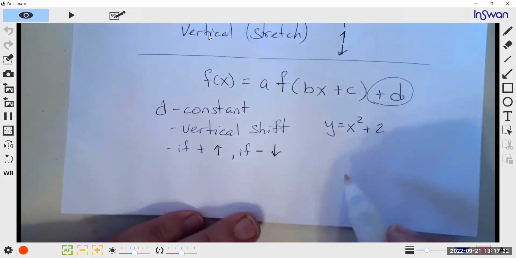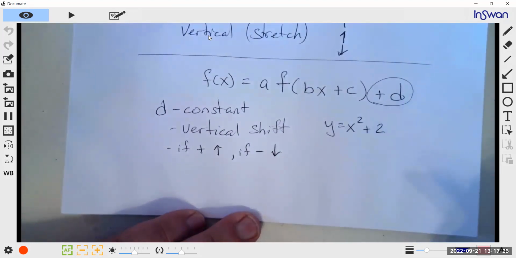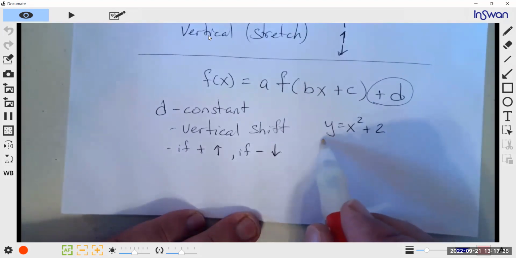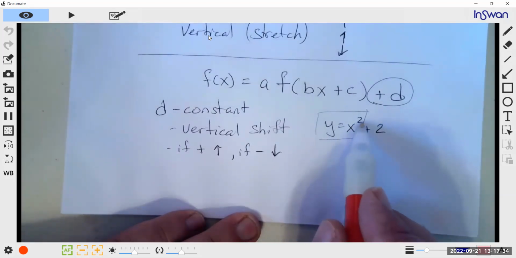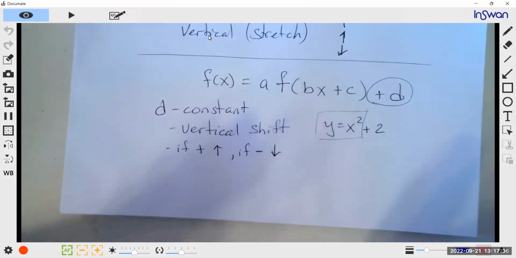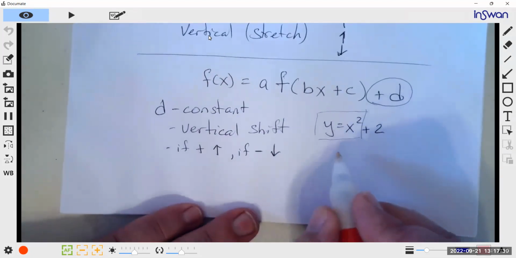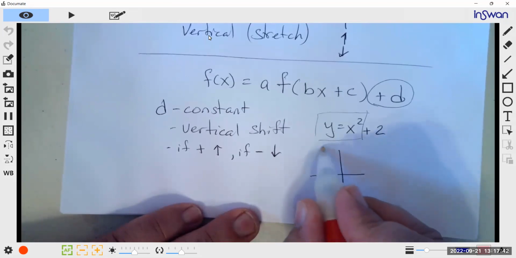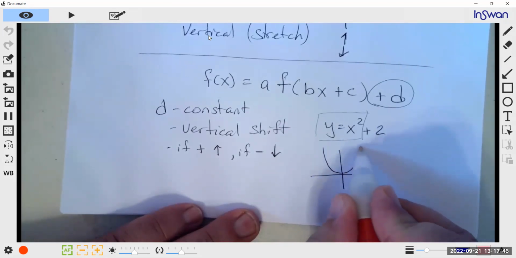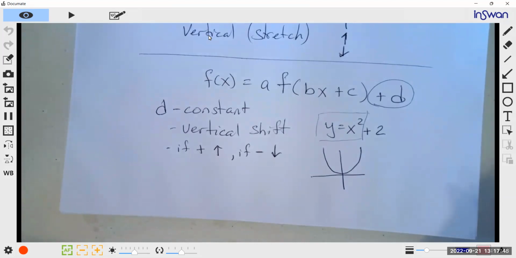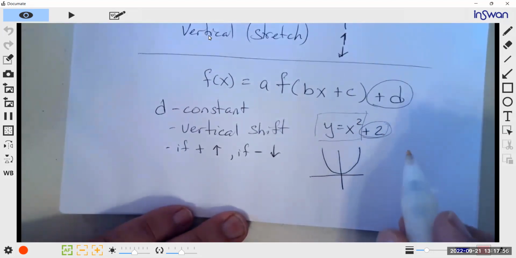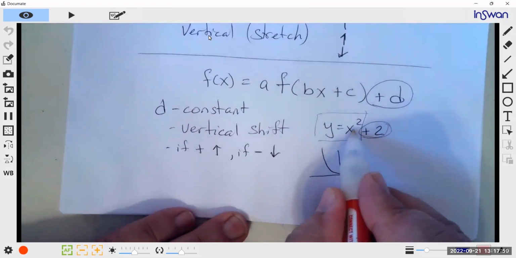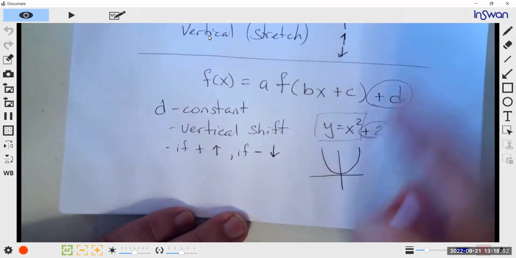Whenever you do a transformation, always start off with the basic function. The basic function of this is the y and the x with the highest exponent. That's the basic shape of the curve. Forget everything else. What does x squared look like? Well, we talked about it last class. It's the parabola. That's x squared. Since nothing else happens here, the next thing we could do is when x is 0, well, in the first part, when x is 0, y is 0.